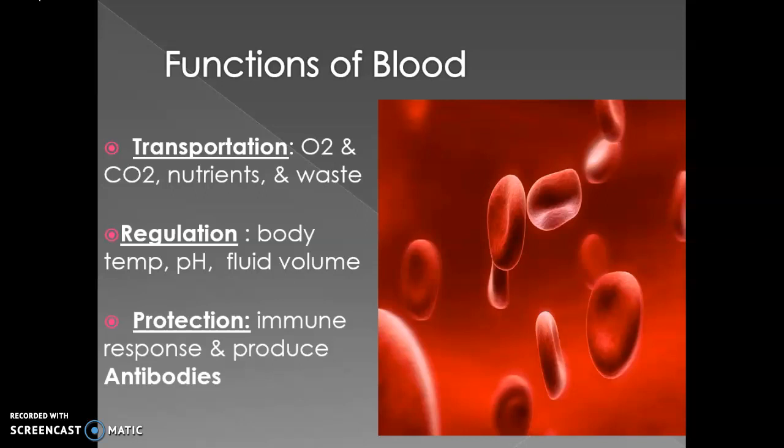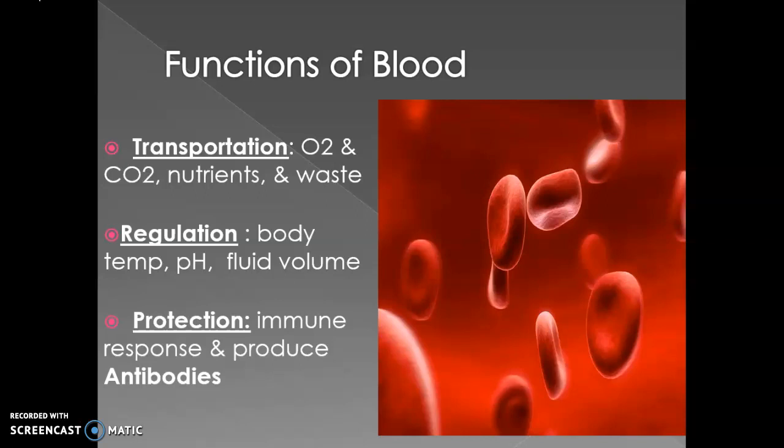Blood also regulates blood pH. The term pH means how acidic or alkaline a fluid is. A neutral pH is measured exactly at 7, whereas acidic fluids range between 0 to 7 and alkaline fluids range between 7 to 14.